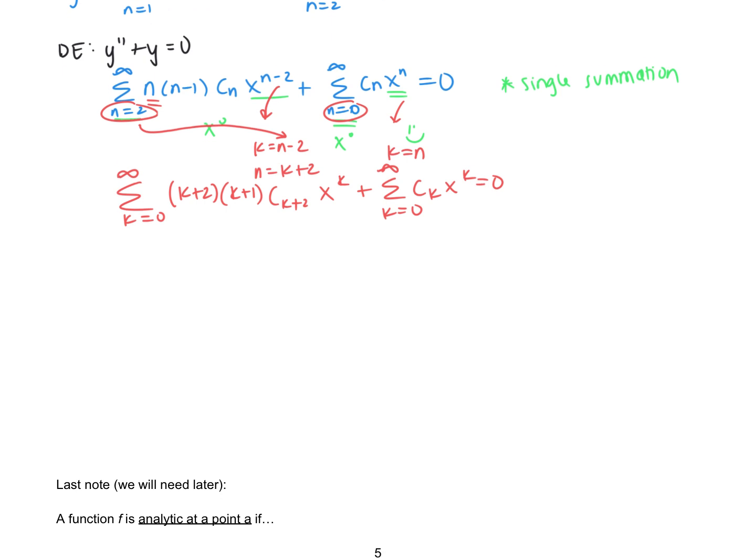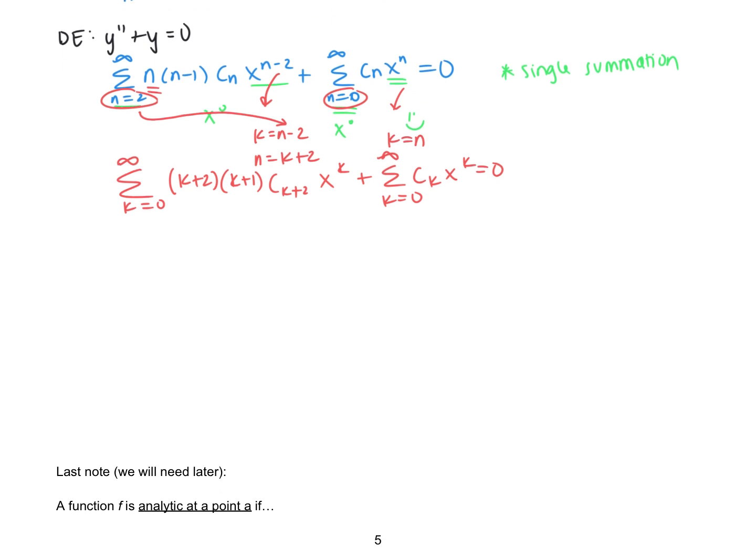Okay, so now at this point, my indices are the same, so that's great. So this becomes the summation from k equals 0 to infinity of k plus 2, k plus 1, C of k plus 2, add C of k, x to the k equals 0.